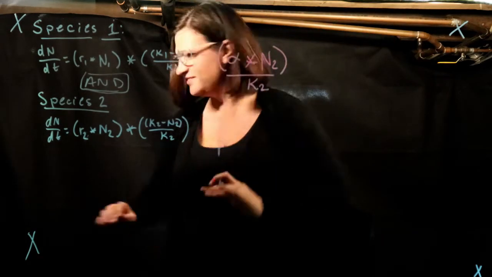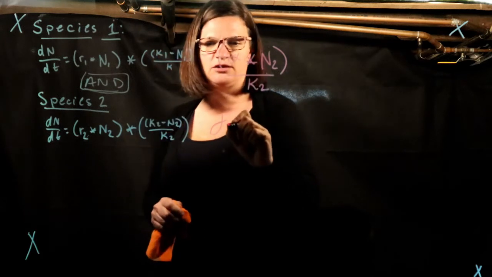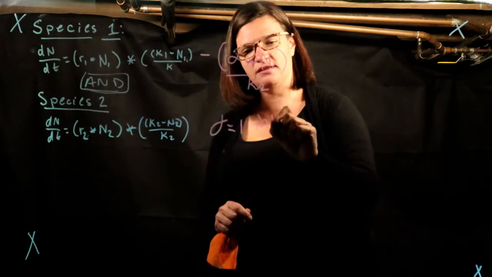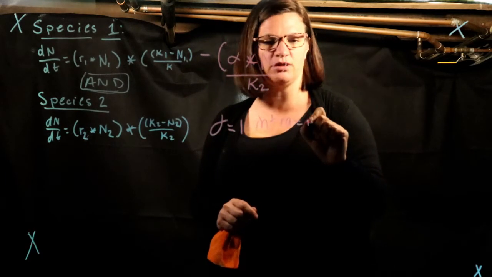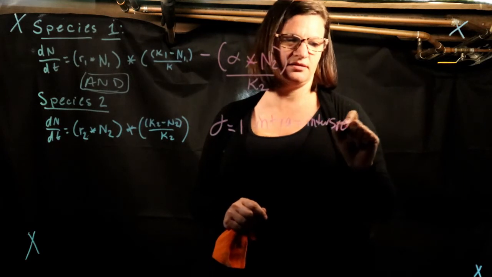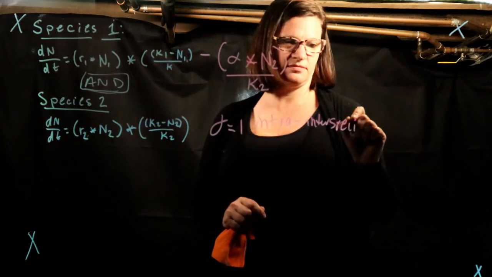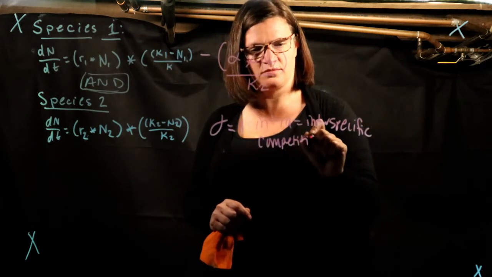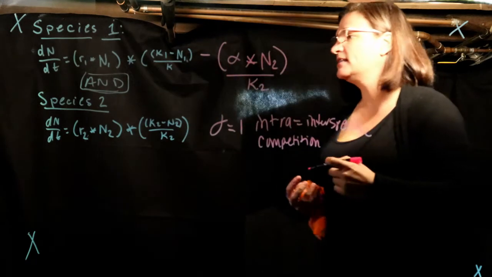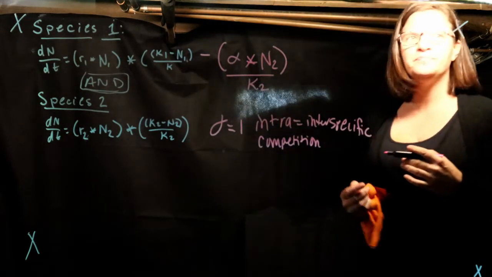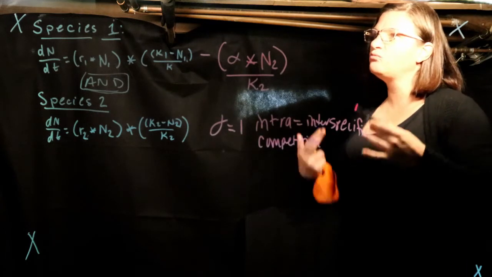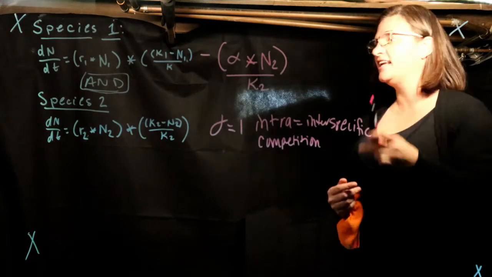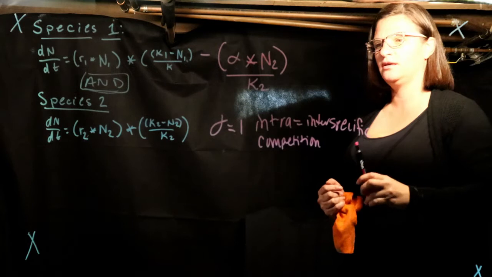When alpha is equal to 1, that means that intraspecific competition is equal to interspecific competition. Any one individual added from species 2 is equivalent to just adding another individual of species 1.